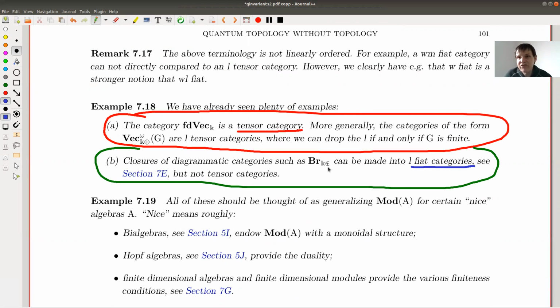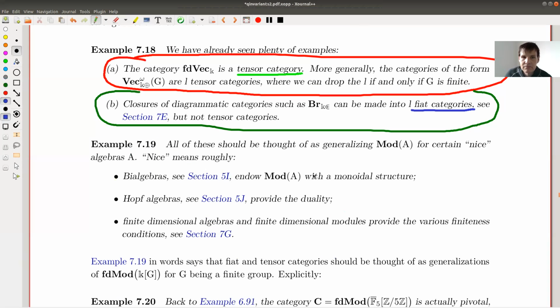At least they are naturally fiat. Maybe that's how I should put it. Yeah, that's kind of the difference. So at one point you have tensor. Everything is like vector spaces, and everything is more diagrammatic in this fiat setup.